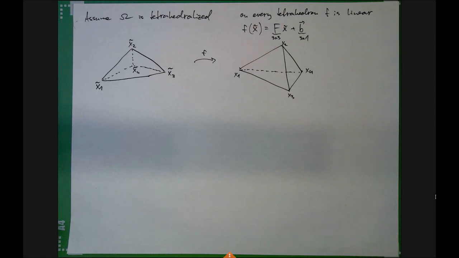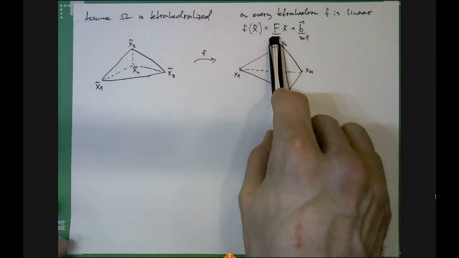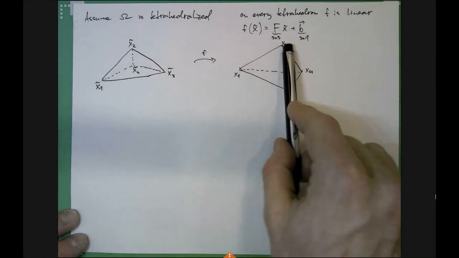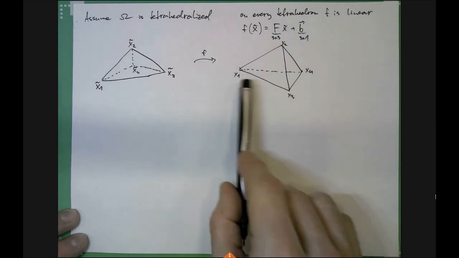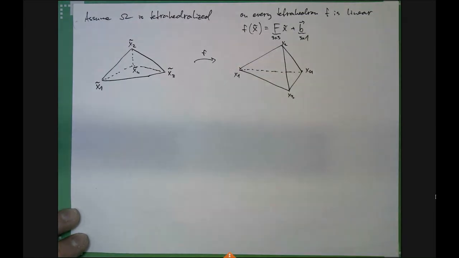So how do we compute the capital F? We assume we know what these x's are. We assume somebody told us the current deformation of the shape. We of course know what the rest pose is, right? That's what we are given.